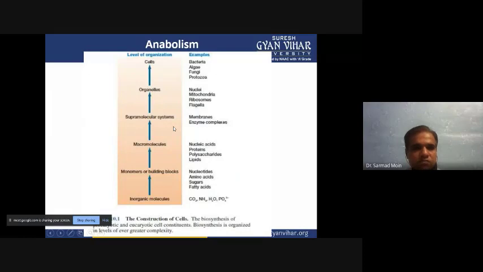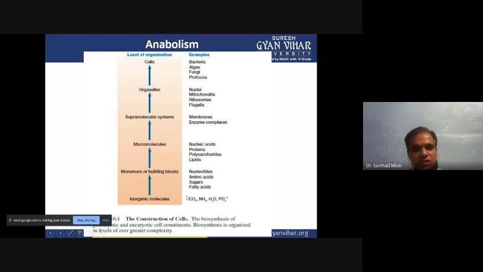Then anabolism is also there, and these basic molecules like inorganic molecules, monomers, macromolecules, or supramolecular molecules are all basically part of the cytoplasm. See, inorganic molecules are there: carbon dioxide, NH3, H2O, PO4, magnesium, calcium.